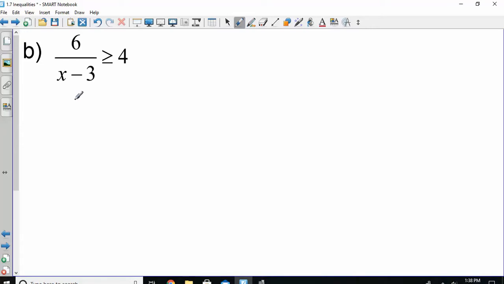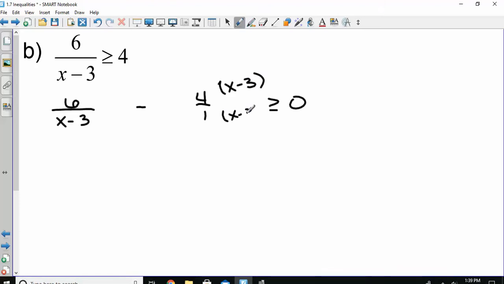First step is what? Need everything on one side, so bring our 4 over. That's like a 4/1. We have to make a single fraction, so what do I need to multiply it by? On top and bottom.